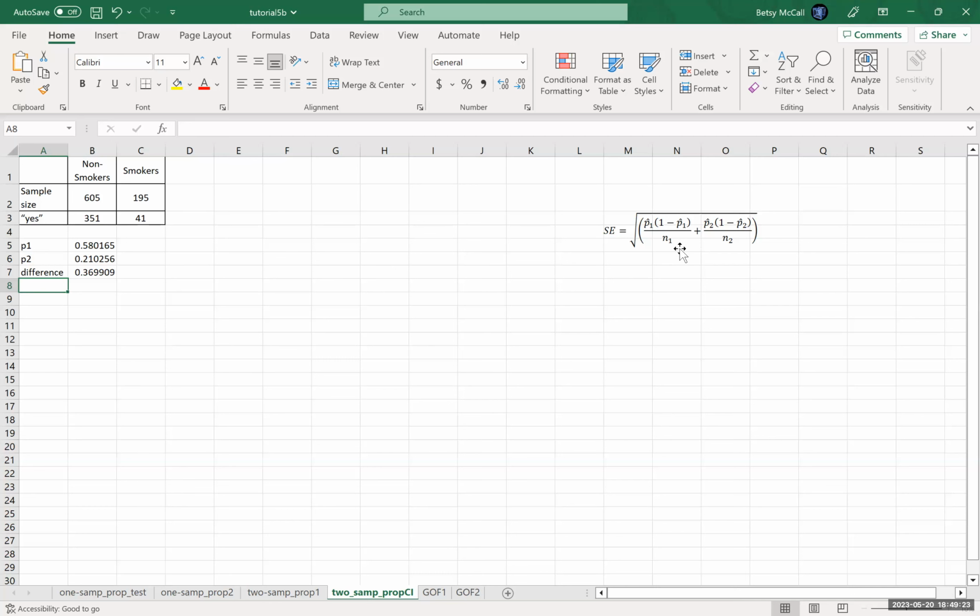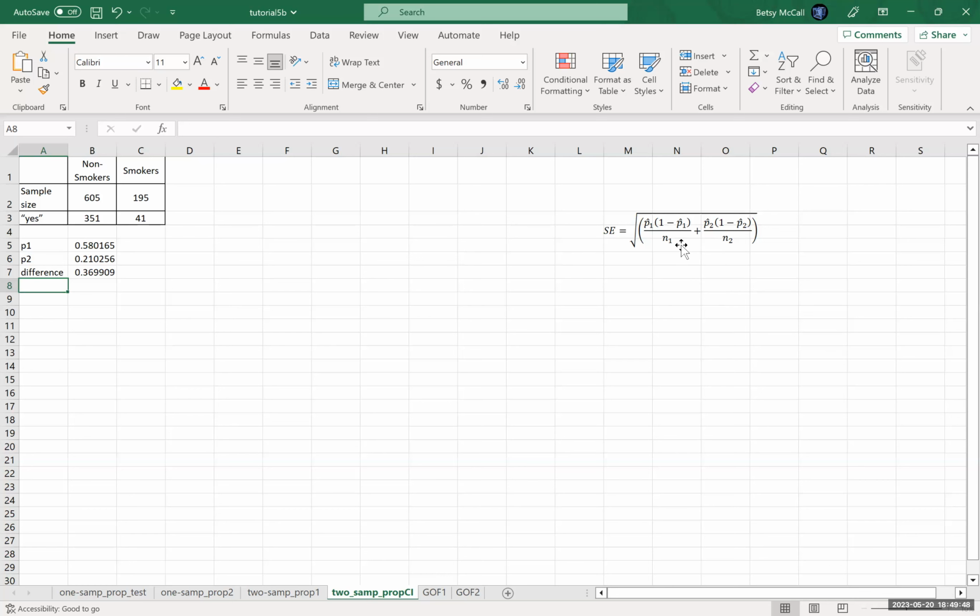This is a little bit different, but it is equivalent to the version that we used in the hypothesis testing formula. Here, we're just separating out the P1 and P2 into separate things. We don't have an overall proportion that we're using, but it is essentially equivalent. You'll see different versions of this formula used in slightly different contexts, emphasizing slightly different things.